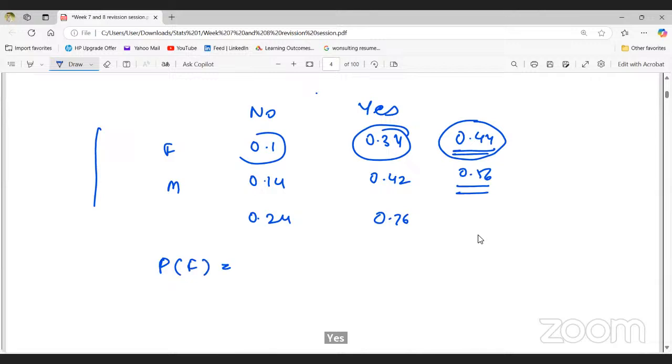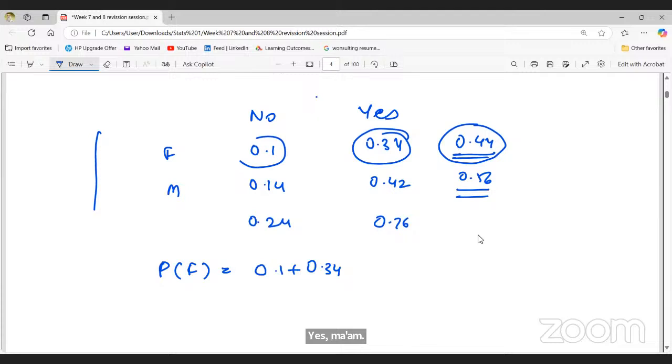Probability of female would be 0.1 plus 0.34. And what is marginal probability? Marginal probability means like we have two genders, female and male. We have two cases of owning a smartphone, no and yes. So these are different categories.